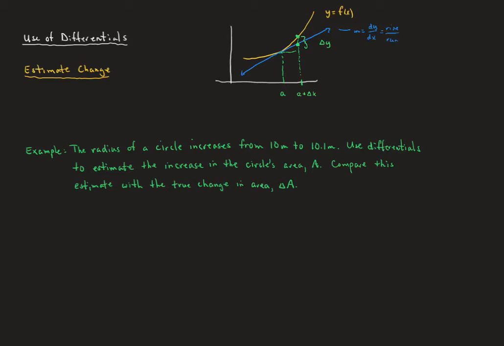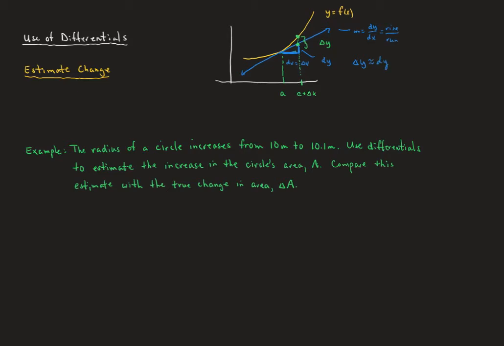So using that tangent line triangle, if we choose the dx to be equal to that delta x, this horizontal distance here, then this distance right here, that little blue vertical stretch, is going to be our differential dy. So what we're saying is that we're going to approximate that delta y by using the differential dy.